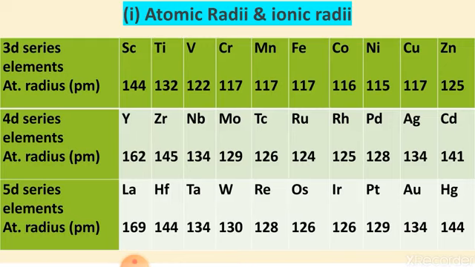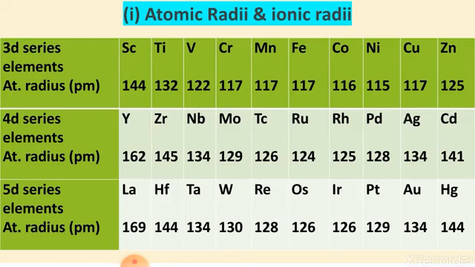Then you have to focus on the atomic radius. In NCERT, the metallic radius is given, but I have given the atomic radius here. So look at the atomic radius. It first decreases up to chromium, then from chromium to nearly nickel they have the same or similar value of atomic radius, and then from copper to zinc the atomic radius increases.